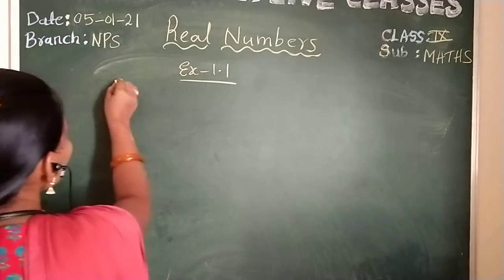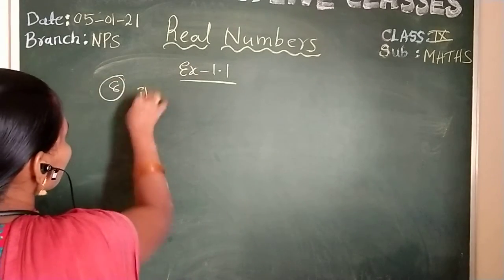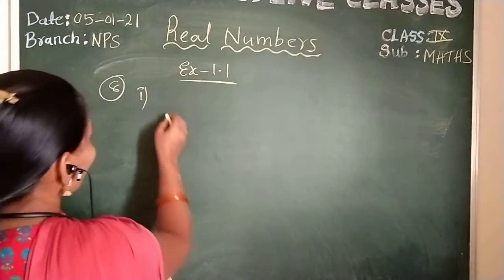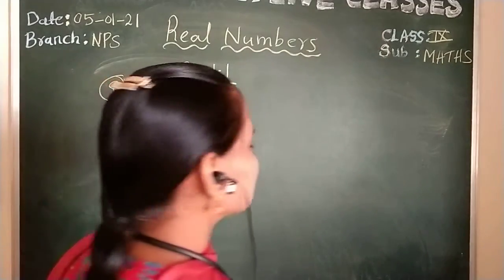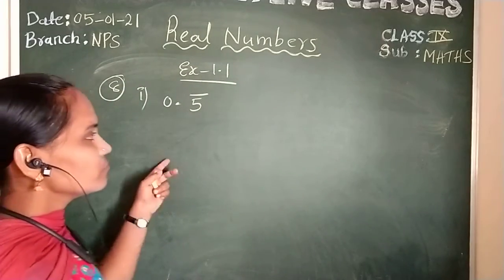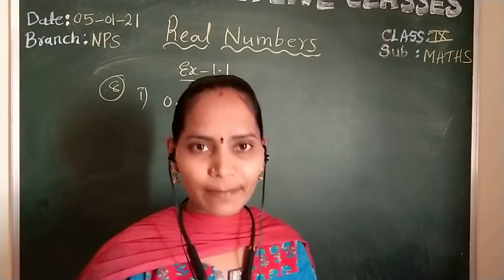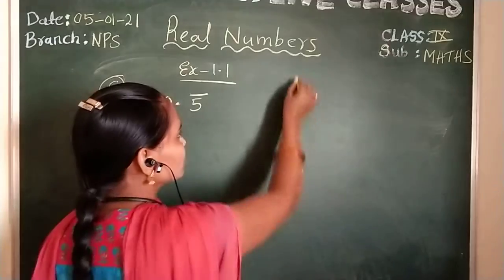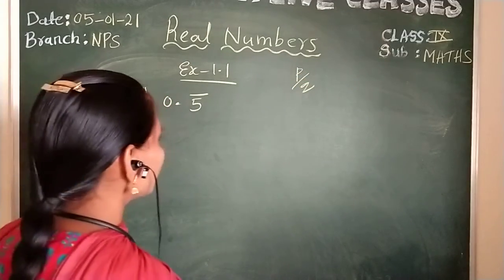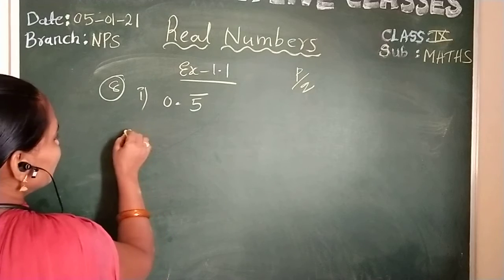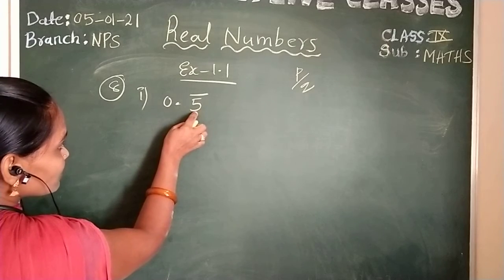So here I am going to explain the 8th question. In that, the first one is 0.5 bar. This non-terminating decimal we should write in the form of P by Q, rational form, through a process. Here 5 is repeating.